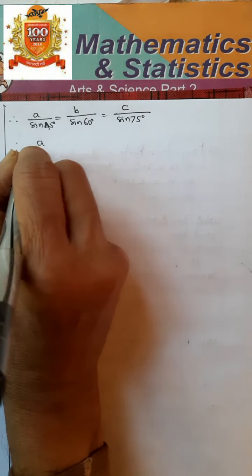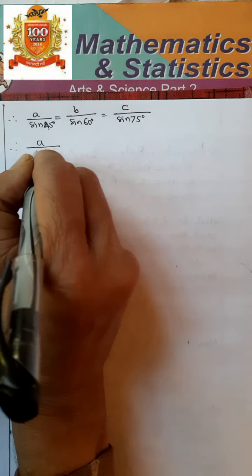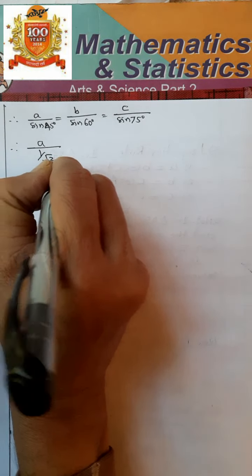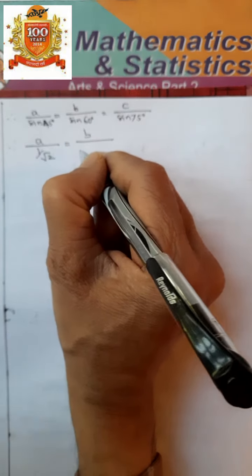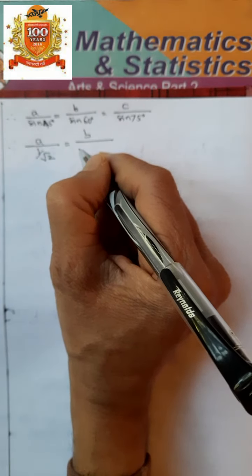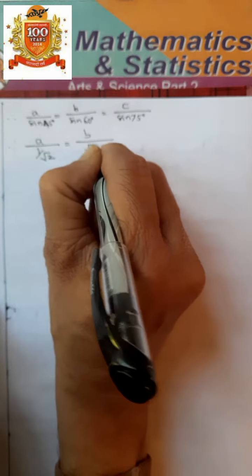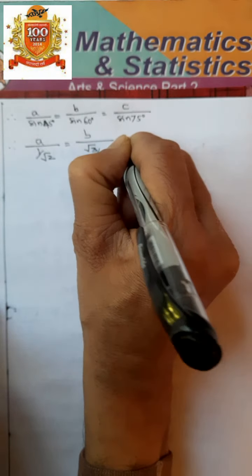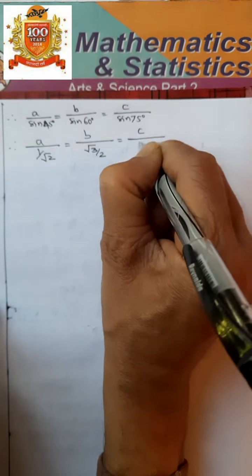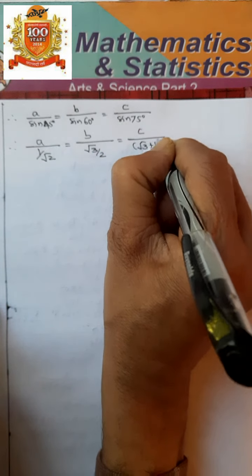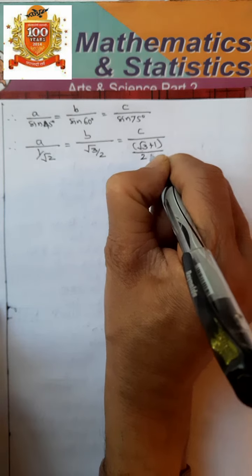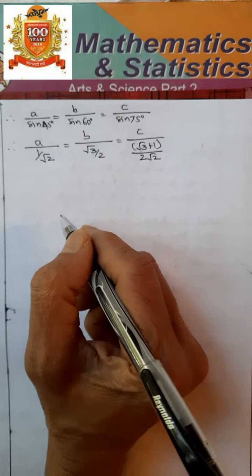Therefore a upon sine 45, means 1 upon root 2, is equal to b upon sine 60 degree, means root 3 by 2, is equal to c upon sine 75 degree, means root 3 plus 1 upon 2 root 2. Isn't it?